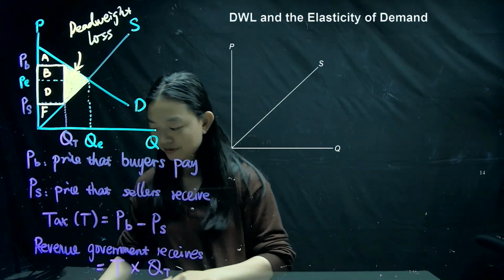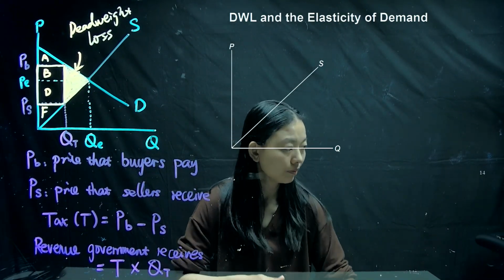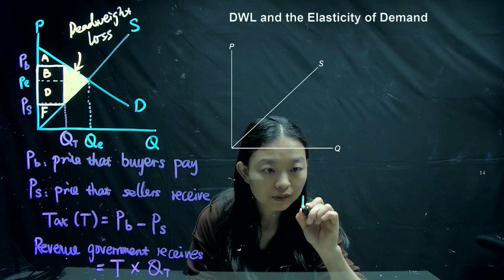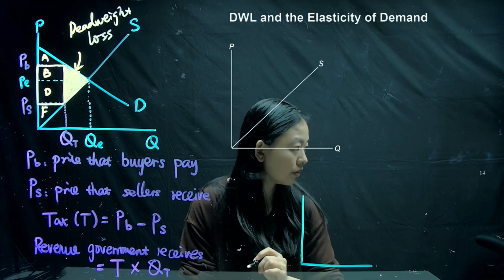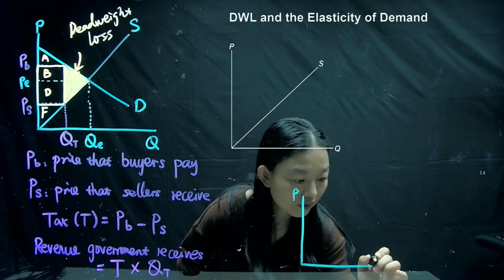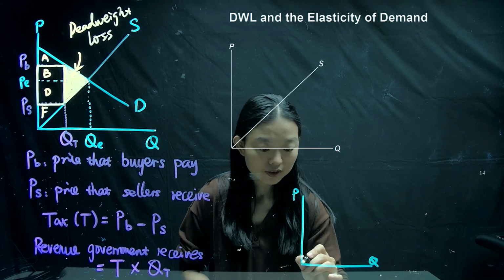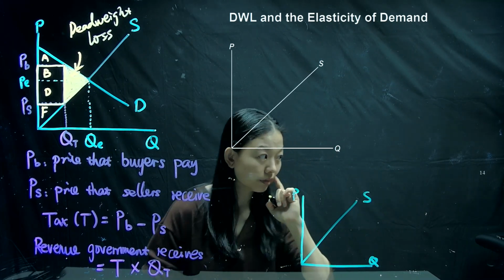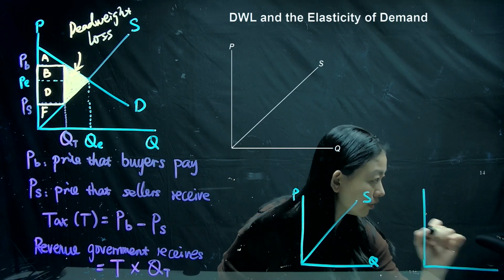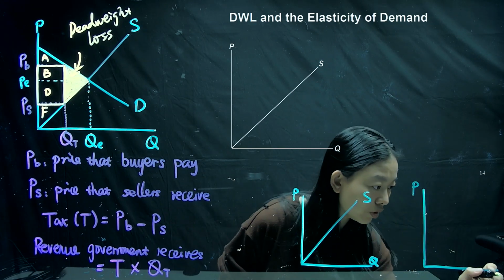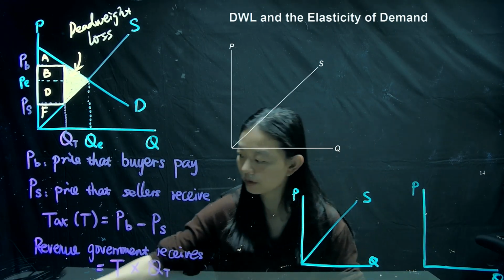So I can draw two graphs here. This is P, this is Q, okay? This is the supply curve. This is another graph, P, Q, okay?